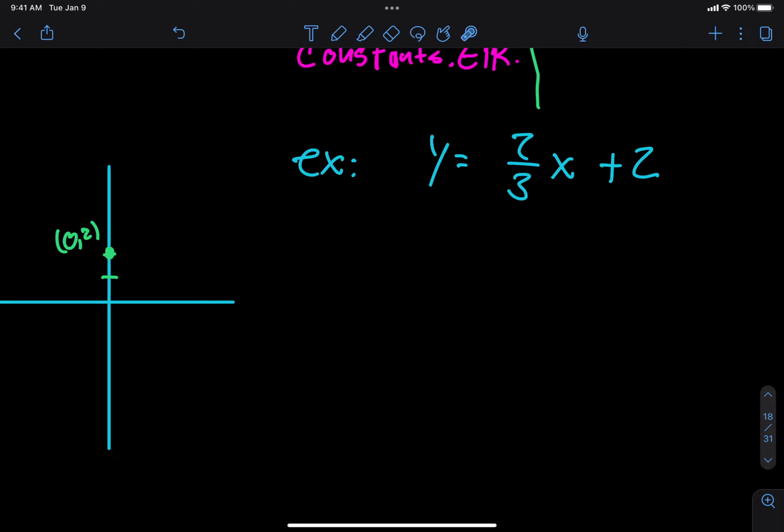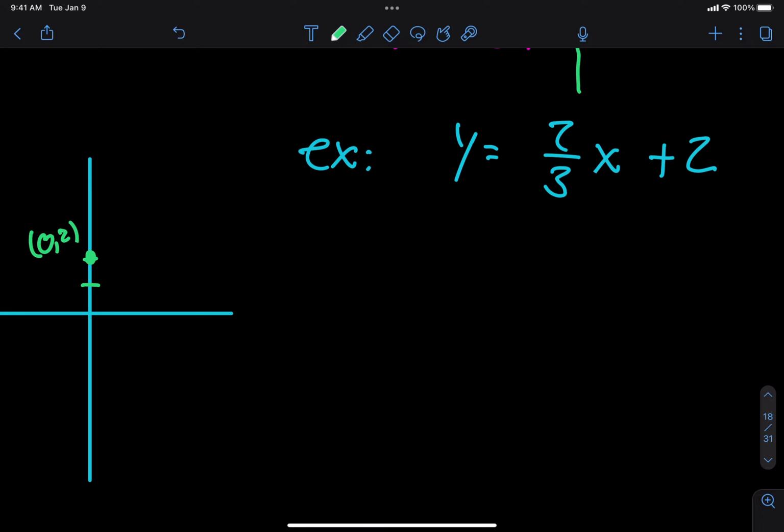You go up 2 units and go over 3. Exactly. I'm not going to try to go up 2/3 and over 1. I'm going to go up 2 and over 3, because that's the rise over the run. So I'm going to go up 2 and then over 1, 2, 3. And that's where I'm going to put my next point.